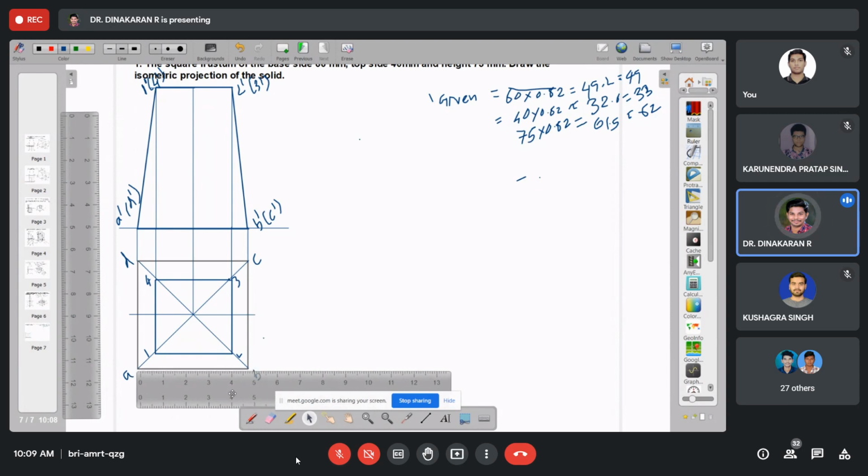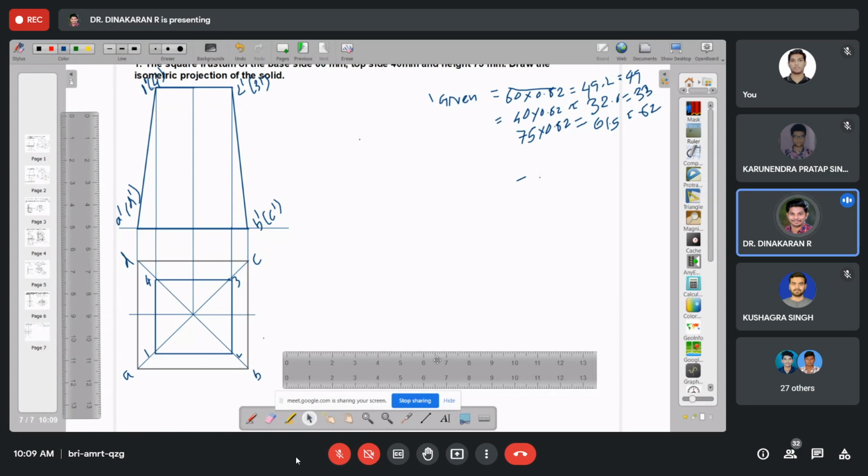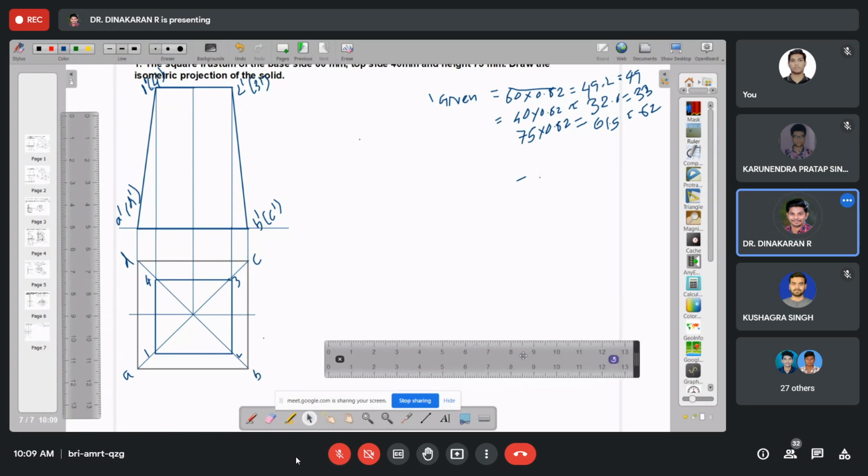For all dimensions conversion is needed: 40 into 0.82 is 32.6, rounded up to 33, and 75 into 0.82 is 61.5. Isometric view means we directly take 60, 40 and 75, with no conversion. For isometric projection only we go for conversion.